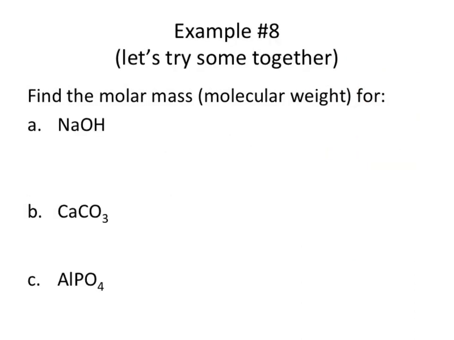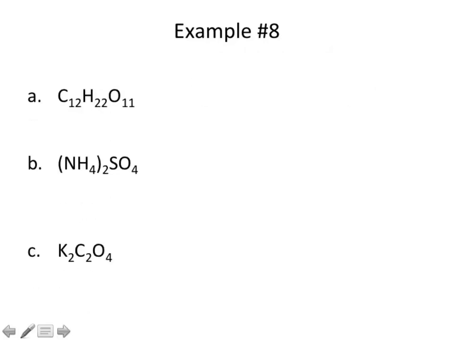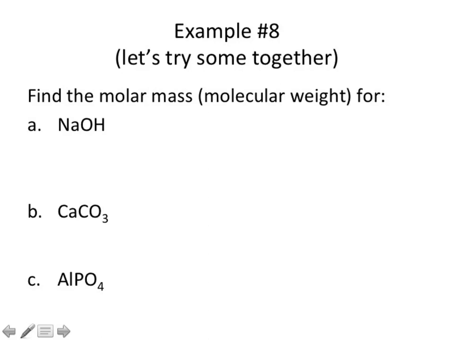Okay, so let's go to here. Find the molar mass or molecular weight for these three compounds. So NaOH. The first thing I'm going to do is write out what all I have, and then I go and find the molar mass.